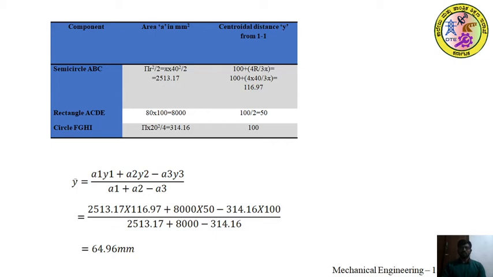The minus value shows the removal of material. Substitute all the y and a values into the formula. Finally, y bar is equal to 64.96 mm.